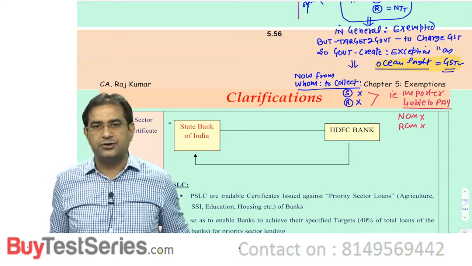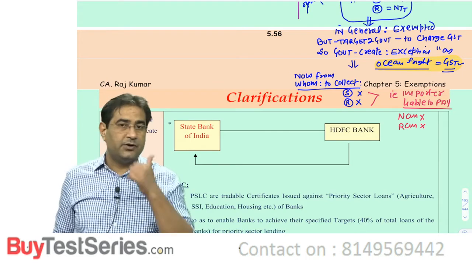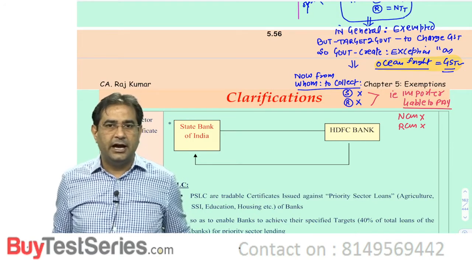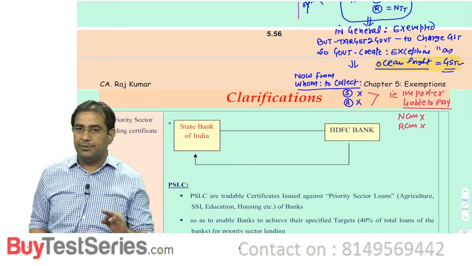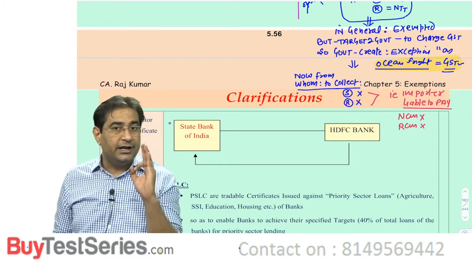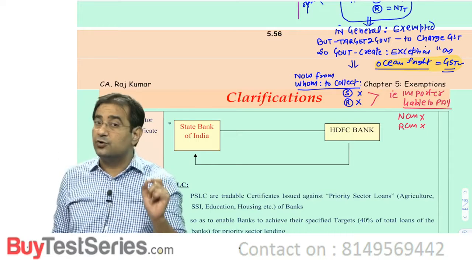In this particular situation, it can never be called reverse charge mechanism and never be called NCM, because neither party is paying GST and the third party, which is the importer, is liable to pay GST. I again repeat, I am talking about ocean freight, related transportation of goods services.